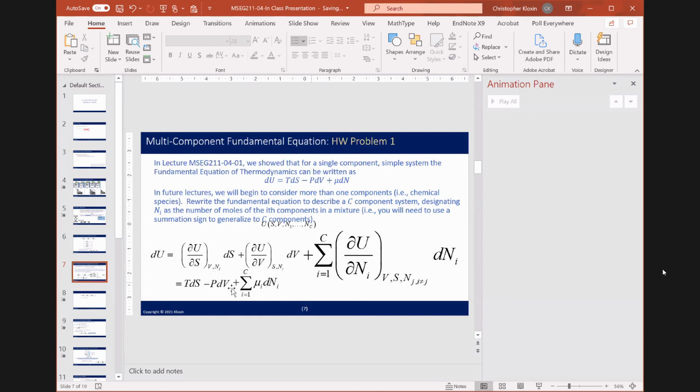But I want to make the connection that all that is T, all that is minus P, and it just comes out of when we do the analogy back to heat and work, and then ultimately chemical potential, you'll see. At this point, mu sub i is as foreign as this, and so it doesn't really matter what it is.